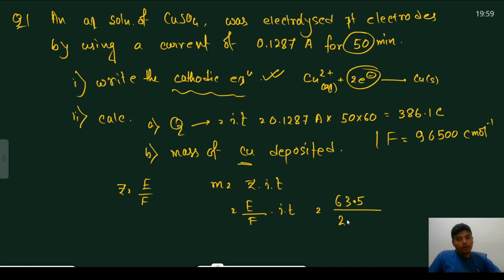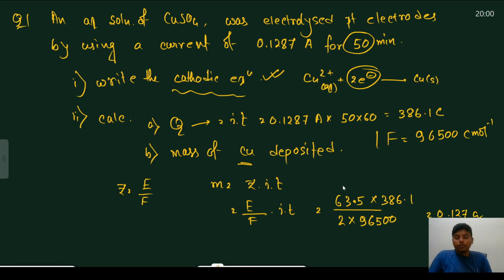Multiplied with the F value, which is very important for electrolytic cells and all. That is 96500, easy to remember. Multiplied with 386.1. If you calculate this, you will get 0.127 gram. Clear or not? Yes, sir.